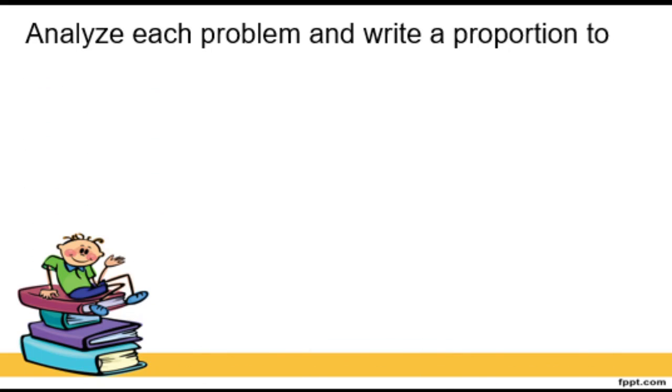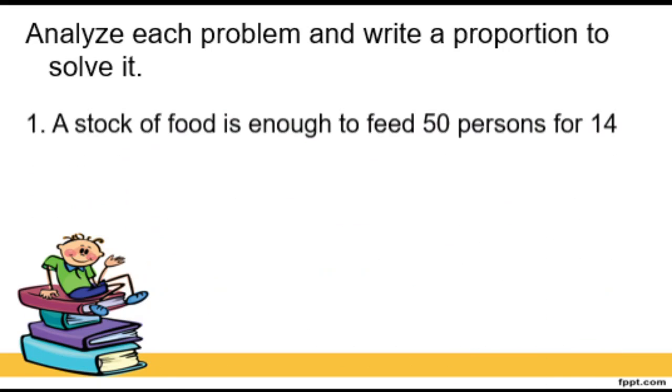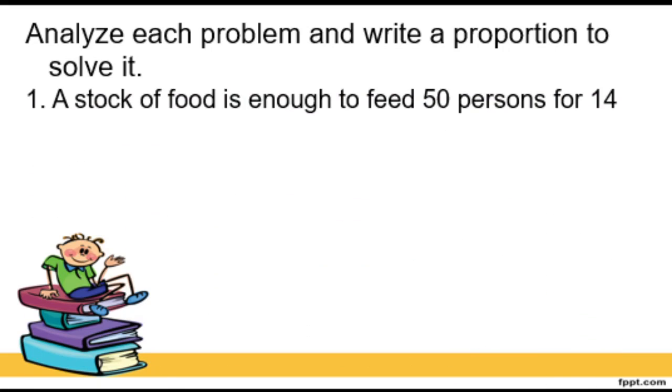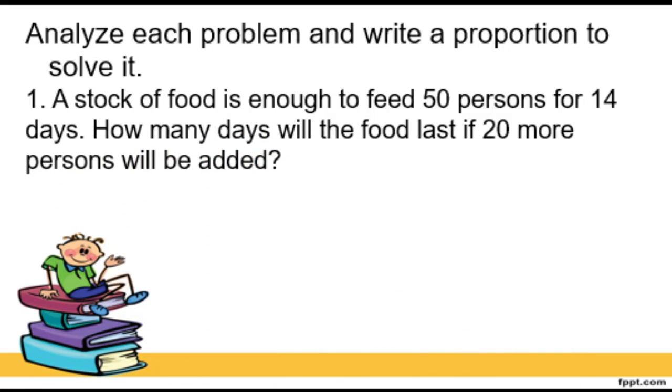Analyze each problem and write a proportion to solve it. Okay, so the first one: a stock of food is enough to feed 50 persons for 14 days. How many days will the food last if 28 more persons are added? So we add, meaning there's a new number of persons.